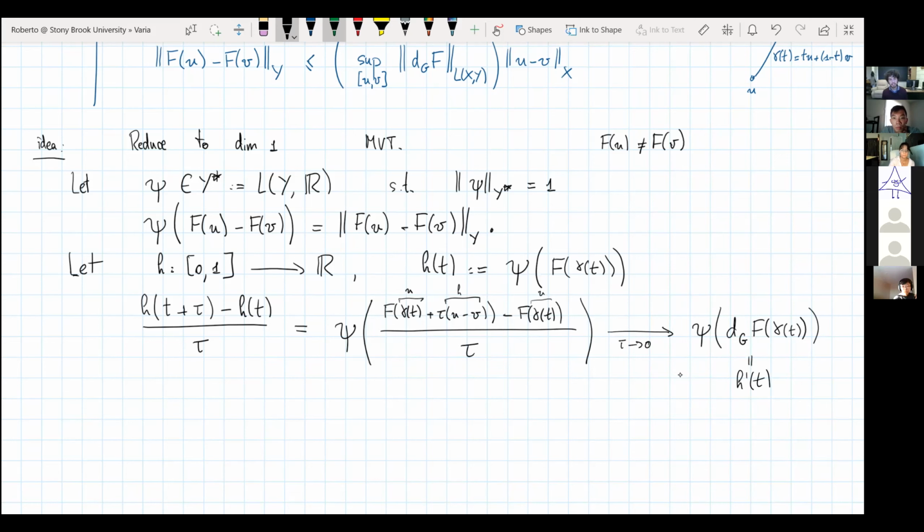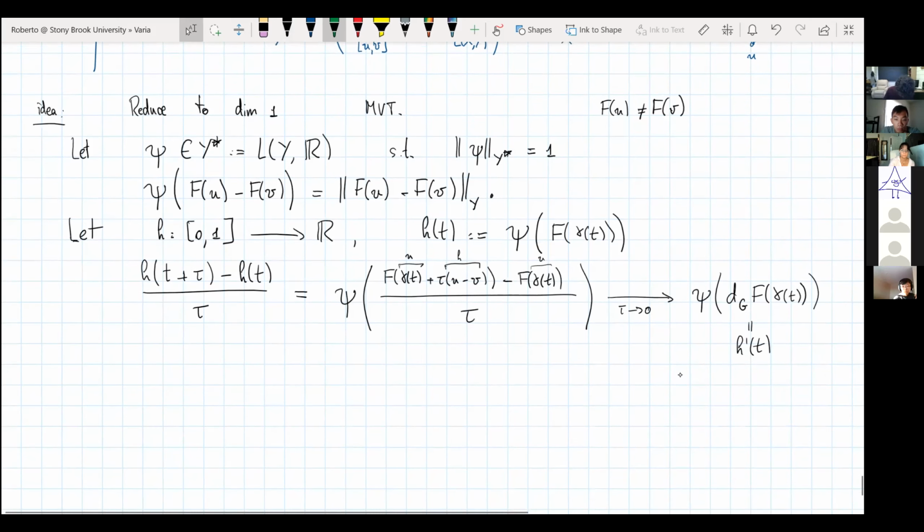And now we apply the standard mean value theorem to h. So the mean value theorem applied to h says that h of 1 minus h of 0 is equal to h prime of theta for some theta in 0,1. And in particular, this is less than the sup of h prime for theta in 0,1.